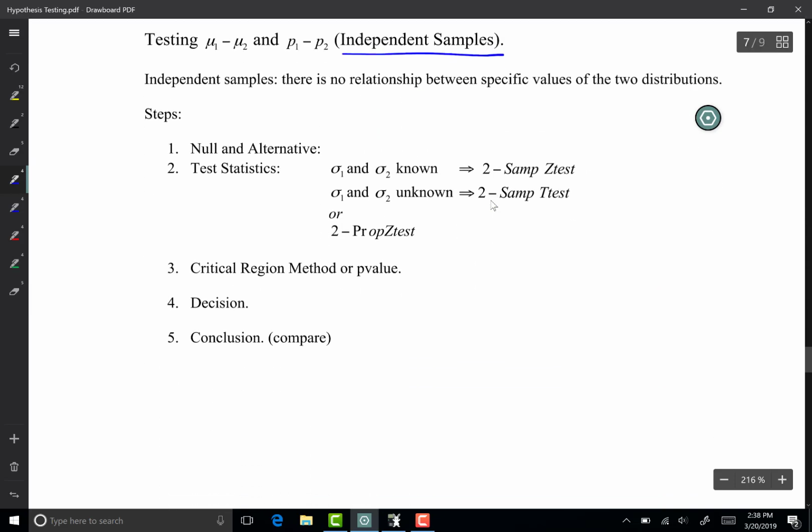All right, so with the independent samples, we're going to set up the null and alternative. We can have three types of tests, just like we had on the one sample. This time we're comparing the means of two distributions. A left-tailed test would be that mu1 is less than mu2, and then, of course, the null would be the complement there.